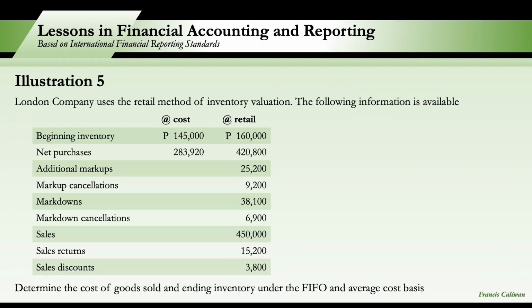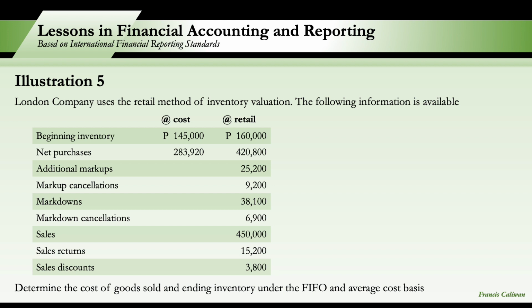And now let us have the second illustrative problem for the retail inventory method, the London Company. London Company uses the retail method of inventory valuation. The following information is available. Beginning inventory at cost 145,000, beginning inventory at retail is 160,000. Net purchases at cost 283,920, whereas at retail, it's 420,800.